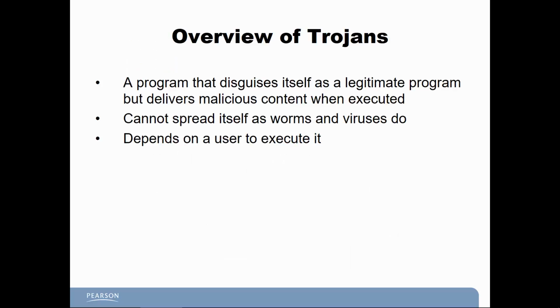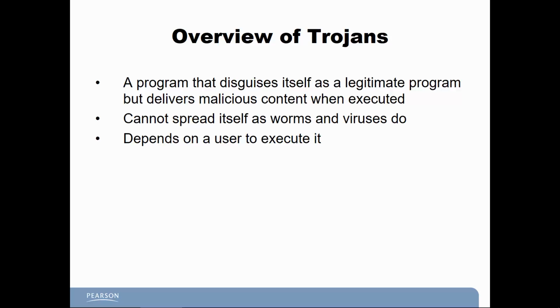So remember, a general overview of a Trojan: it's a program that disguises itself as a legitimate one, but delivers malicious content when executed. It cannot spread by itself like a worm or a virus can, and it is dependent on a user to execute it.